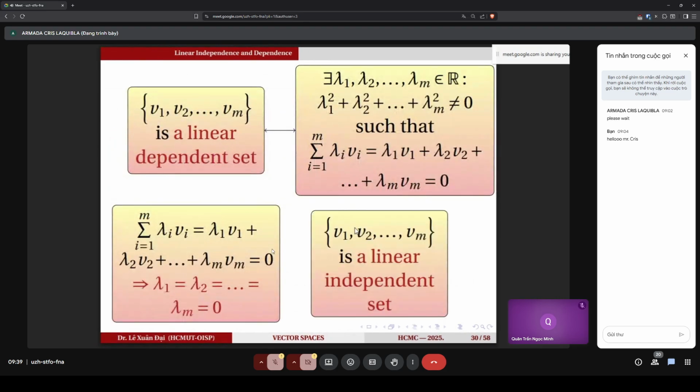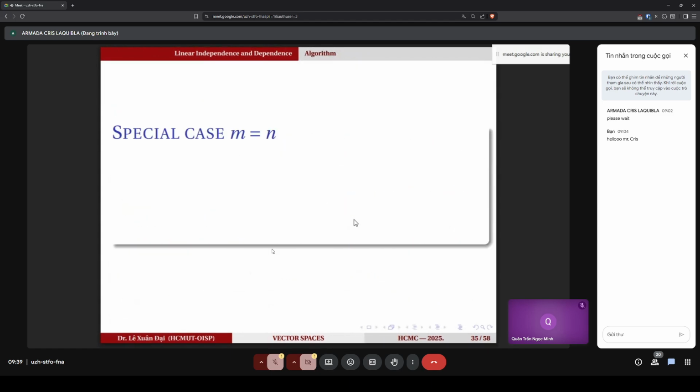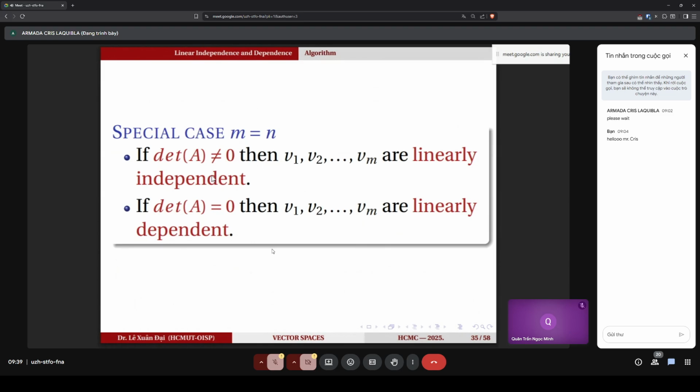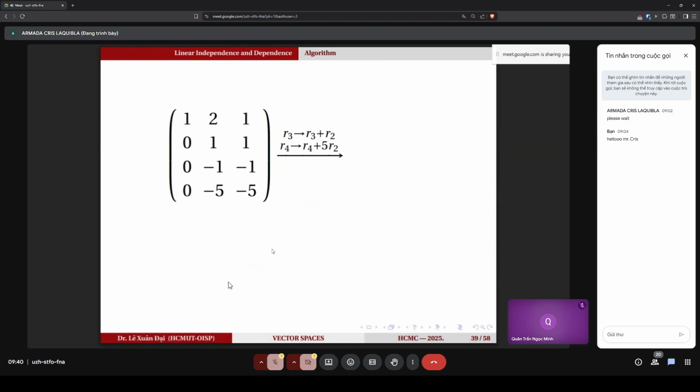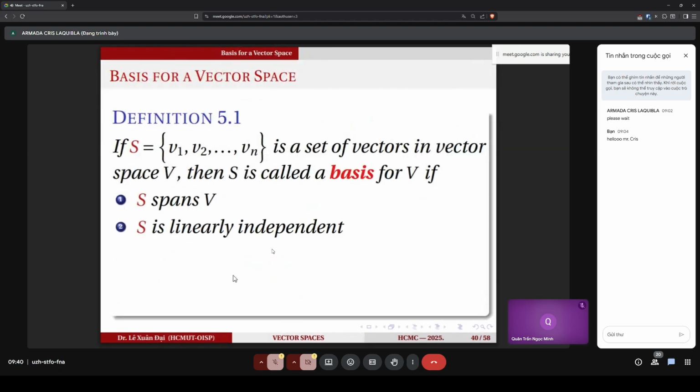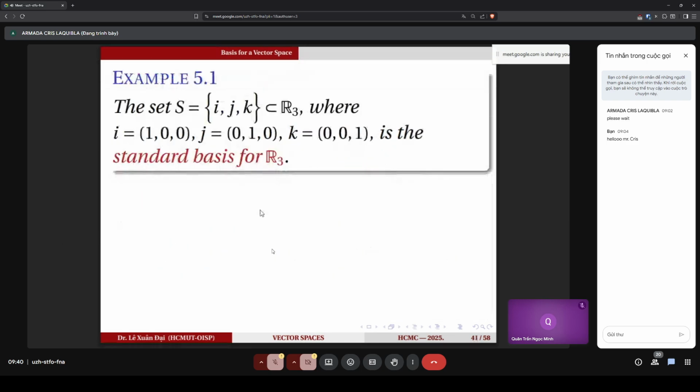We go back to this one. We will check the determinant. Oh, it's here. The determinant is not 0. It is linearly independent. So it satisfies the two definitions for a basis. We have that it spans V and is linearly independent. So that is actually your standard basis for R2.